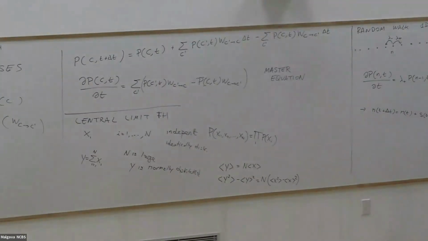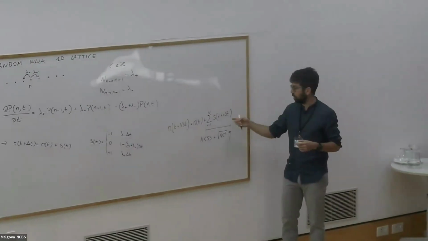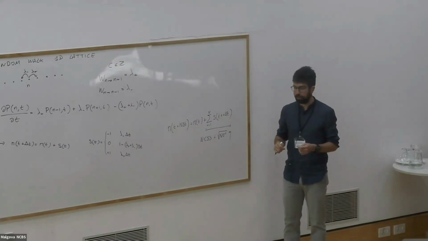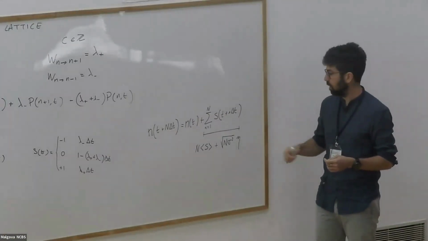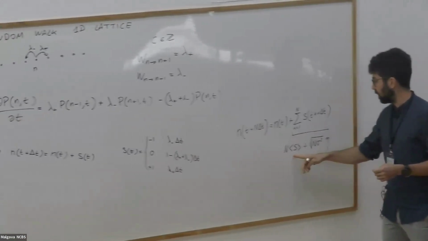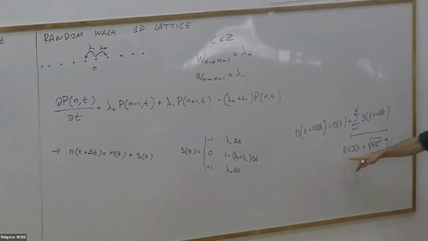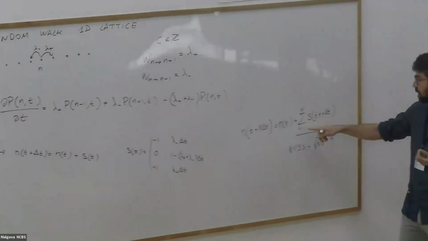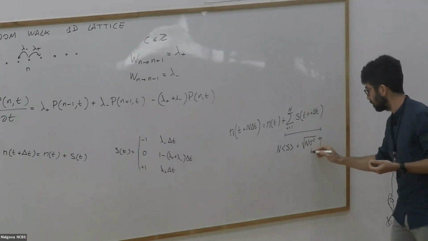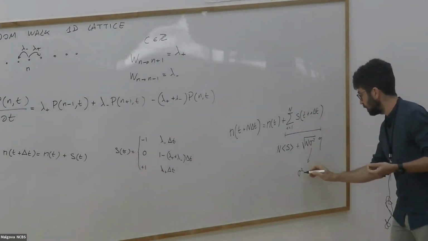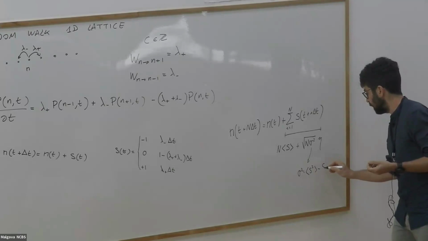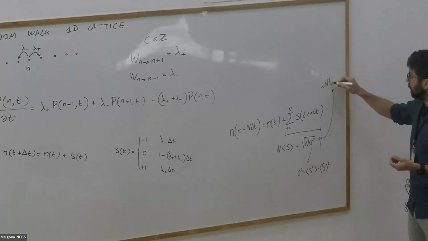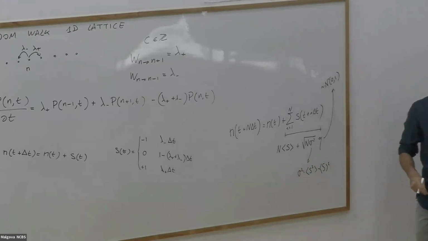So I know that this is going to be a Gaussian random variable with mean equal to the mean of S and the variance equal to n times the variance of S. And so this term I can write as this number plus an amplitude, which is equal to the standard deviation of this random variable, which is square root of n times sigma square, where sigma square is the variance of S, times eta, which is a random variable with mean 0 and variance 1.